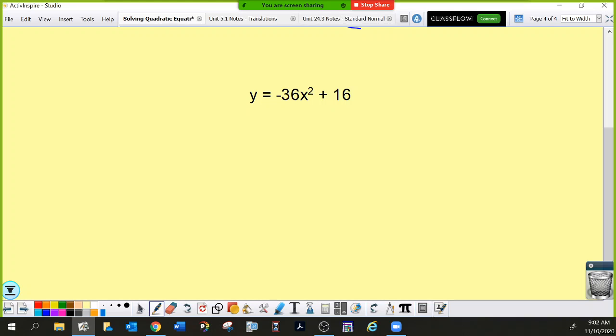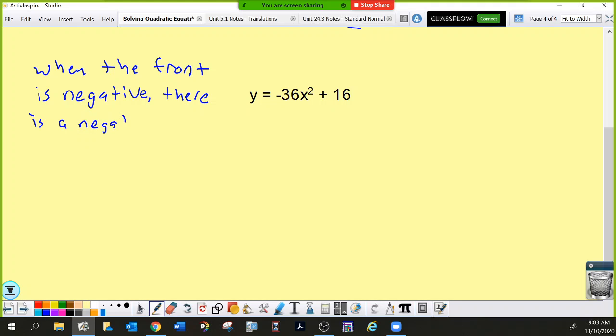When the front is negative, there is a negative GCF. Every single time.